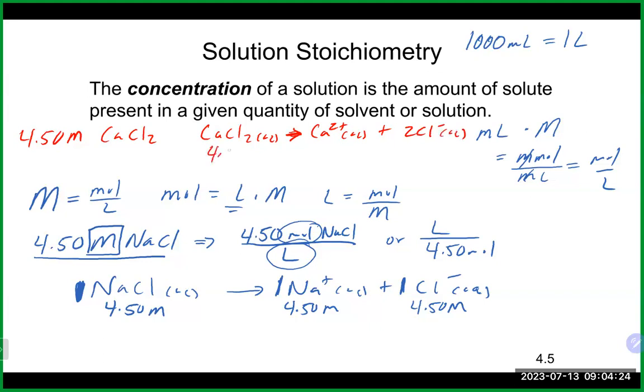So if this is 4.50 molar, it is a 1-to-1 relationship between the calcium and the whole thing, which means the concentration of calcium ions would be 4.5 molar. When we look at the chloride ions, it is a 1-to-2 relationship between the chloride ions and the whole thing. You would need to multiply the molarity by 2, because you get twice as much chloride for every 1 calcium that goes for a swim, which means the concentration of the chloride ions in this case would be 9 molar.